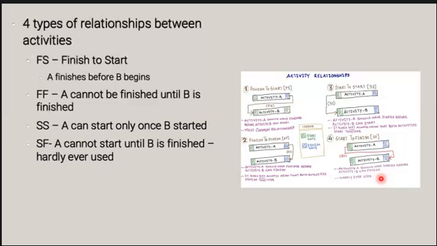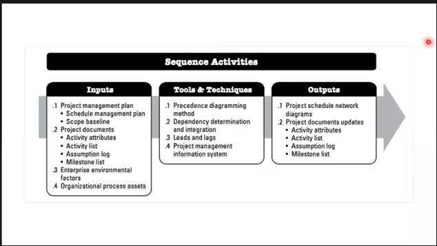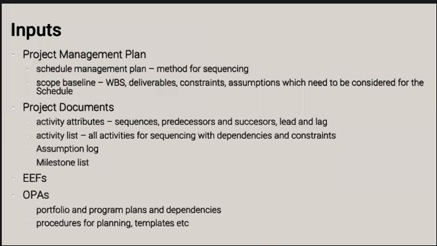All right. Now, in this process, we are dealing with four inputs. We're going to produce the activity sequence using four tools and techniques, and we're going to output two items. The inputs include the project management plan, which provides the schedule management plan and scope baseline. The schedule management plan gives a little bit of detail on the life cycle methodology to be used, the people who are to be involved in sequencing.